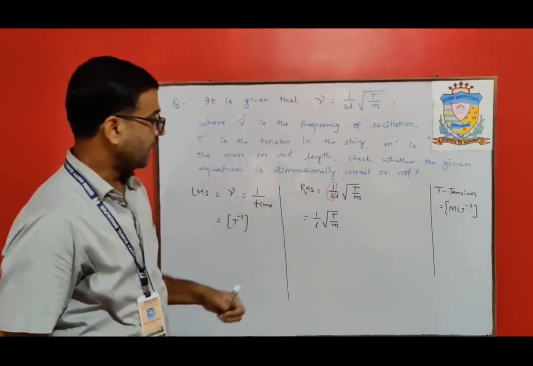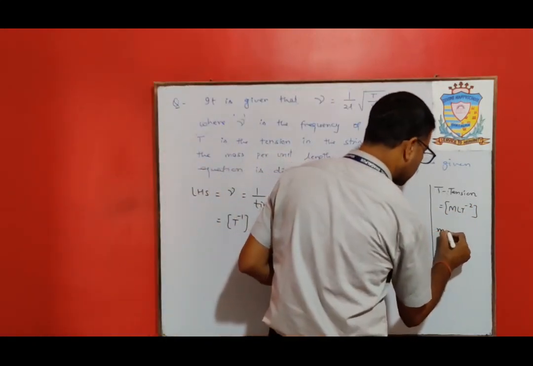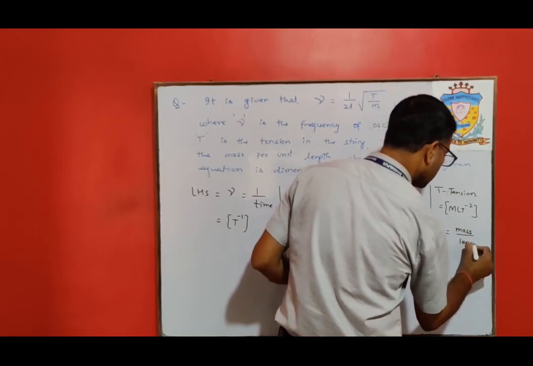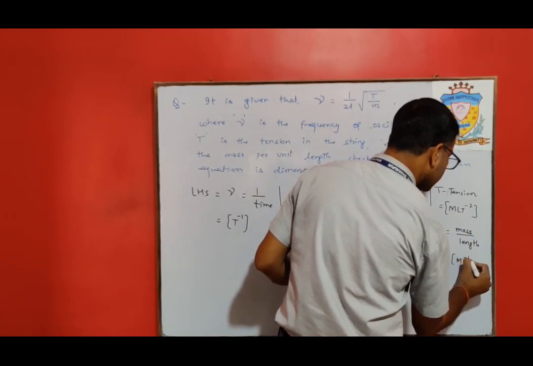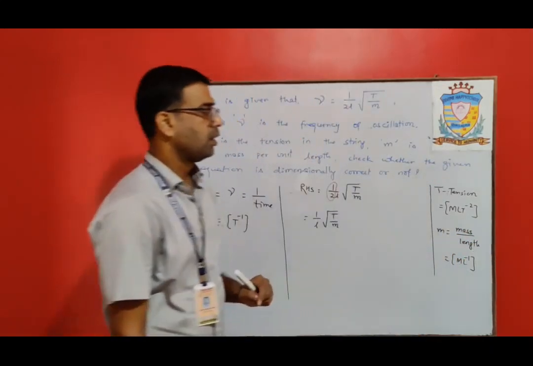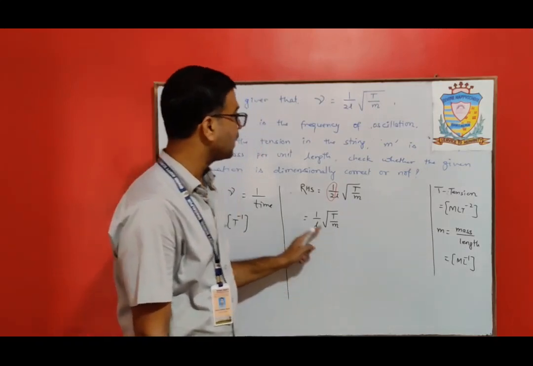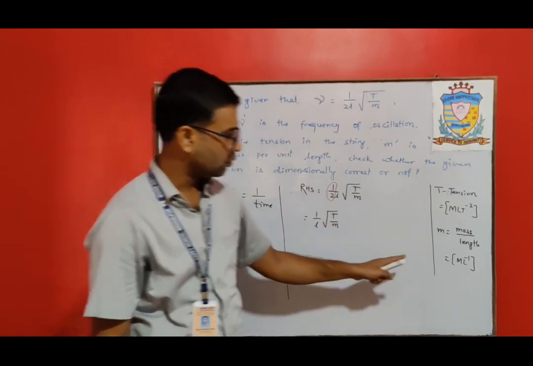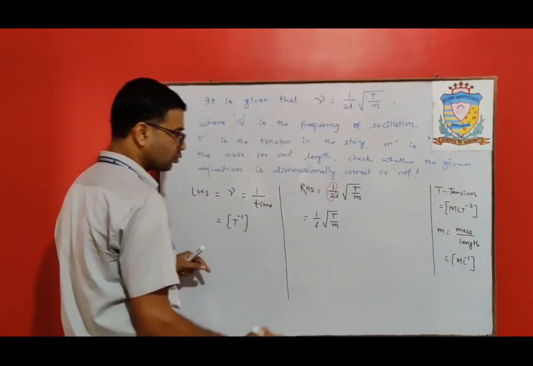Here, M is the mass per unit length, so mass upon length, and the dimensional formula will become ML minus 1. Just take care of this M, because it is given that M is mass per unit length.